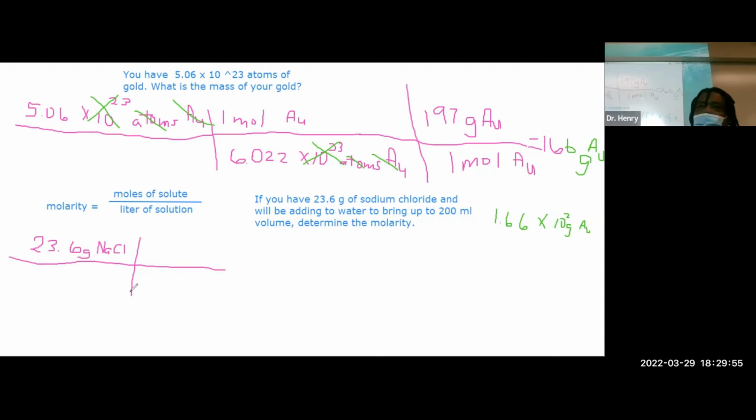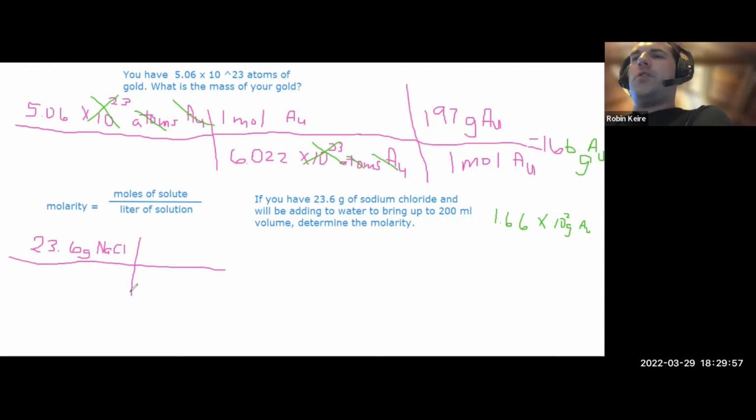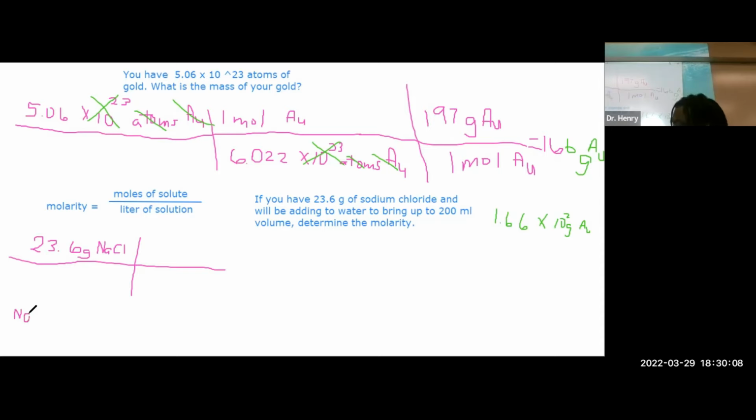Where do I find the molar mass? You'll add the molar mass found on the periodic table of sodium and also chlorine. So how many sodiums do I have? You have 1 sodium.